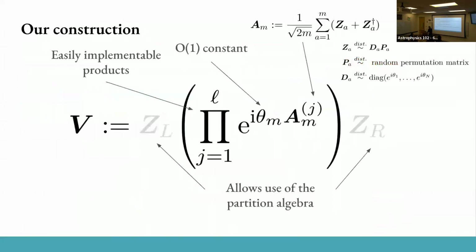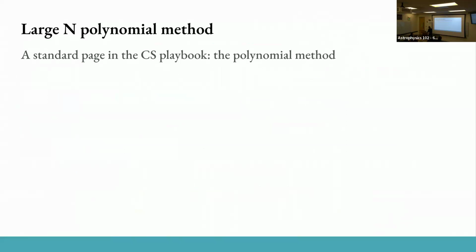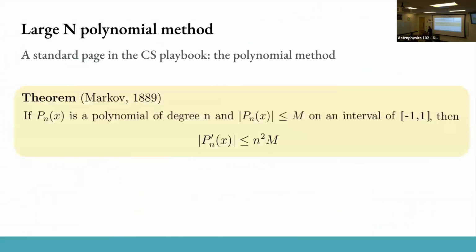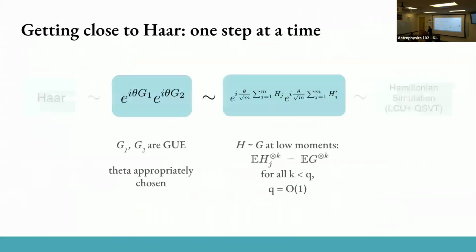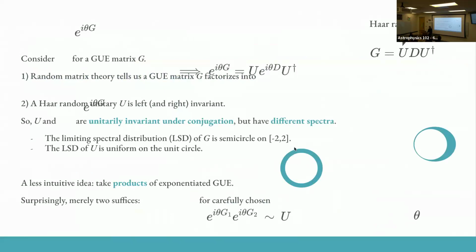Oh, here. We have this circle that's uniform, and if you took theta to infinity, this would start wrapping around the circle and getting smoother and smoother. And when you take that to infinity, I believe that's a Haar random matrix, but you need theta to be exponential for you to get that. Yes. In your construction, is there an easy way to see what the circuit would look like?